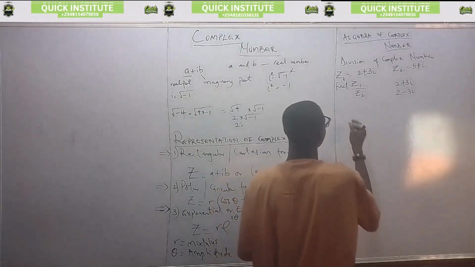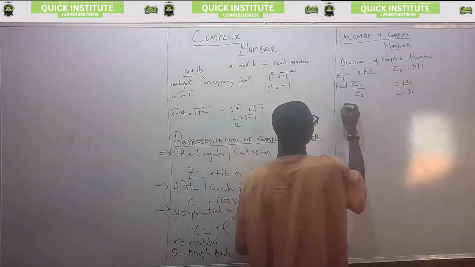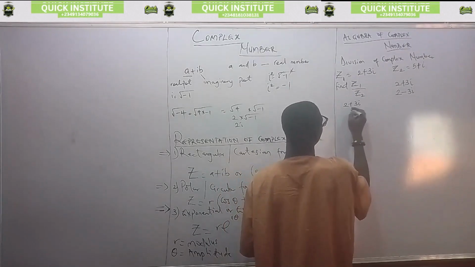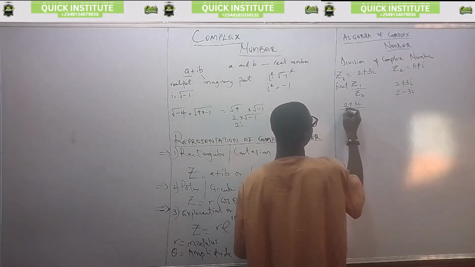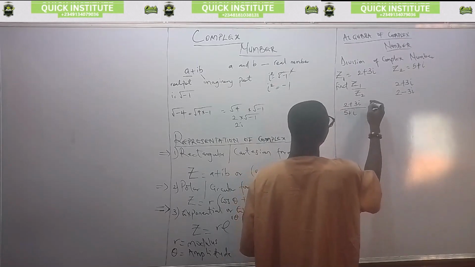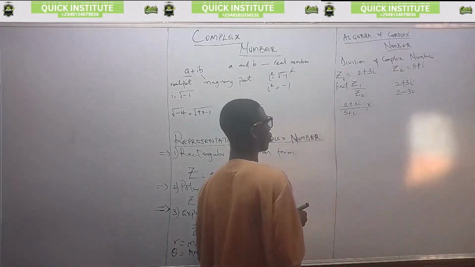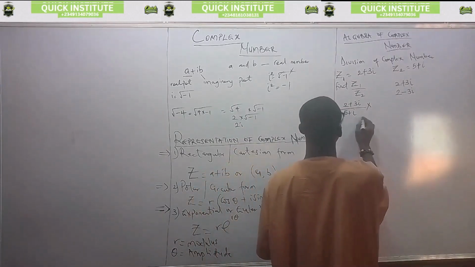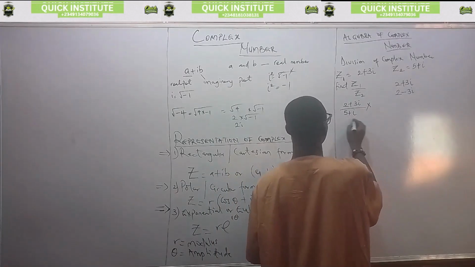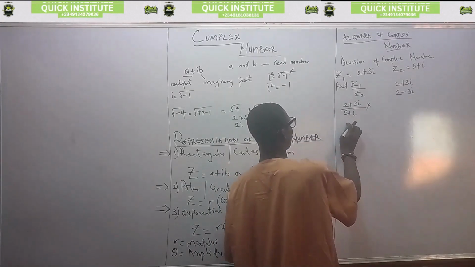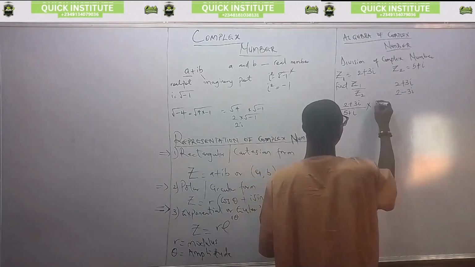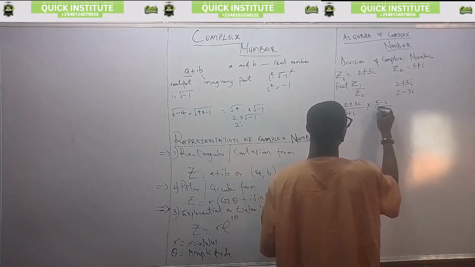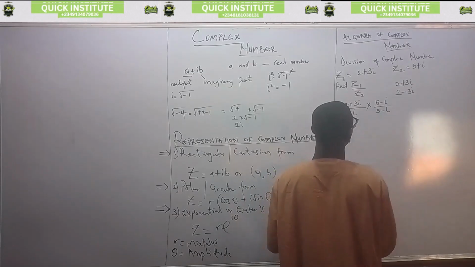So now we have z1 to be 2 plus 3i over z2 to be 5 plus i. We multiply by the conjugate. Since we have an imaginary part in the denominator, we take the conjugate of the denominator, which is 5 minus i over 5 minus i.